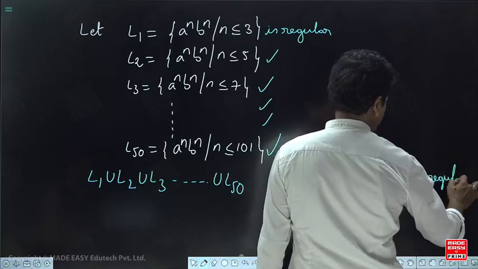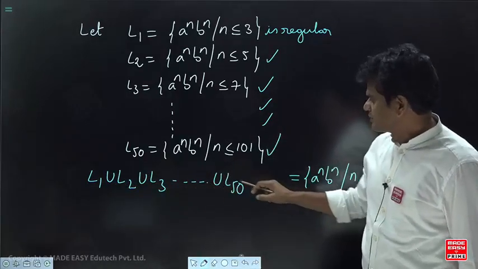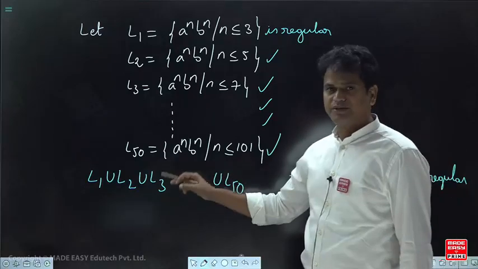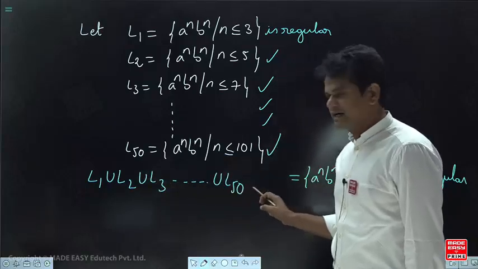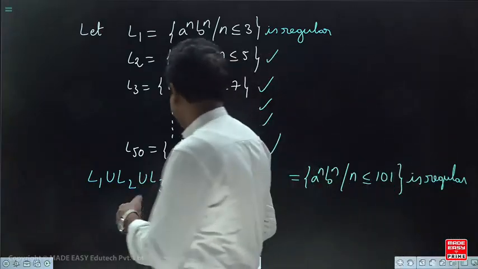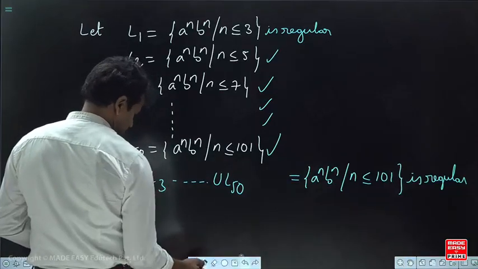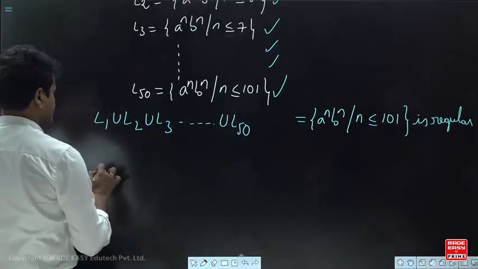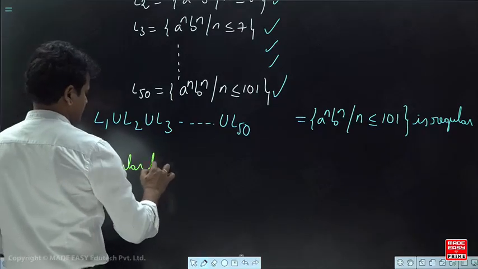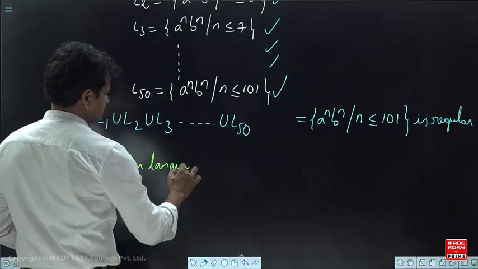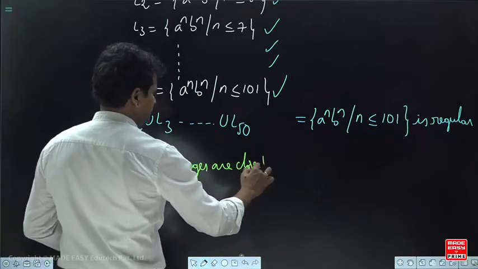Now look at this. How many languages have I taken in the union? 50 languages. L1 union L2 union L3, so on, L50. Finite languages. Therefore you can say regular languages are closed under finite union.